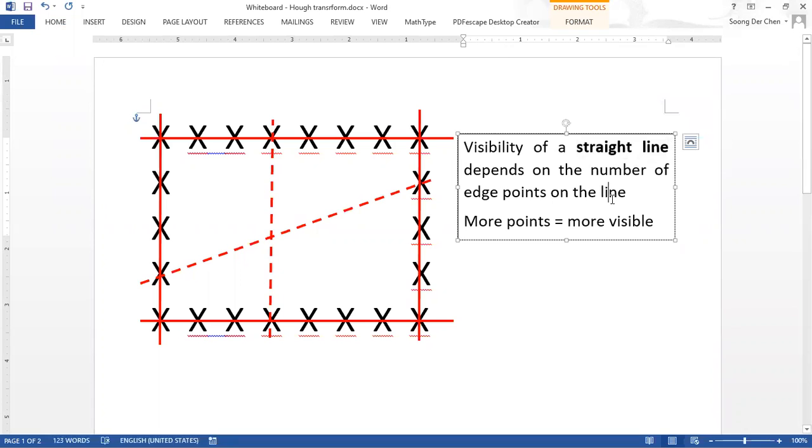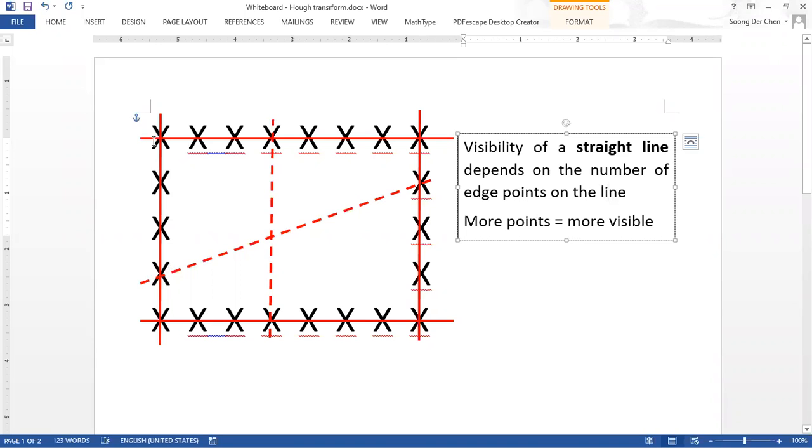Of course, the individual edge points are important, because they are the basis of a straight line. Whenever you have 2 points, you can connect them to form a straight line. However, whether the line is visible, dominant or clear depends on the number of edge points on the line.